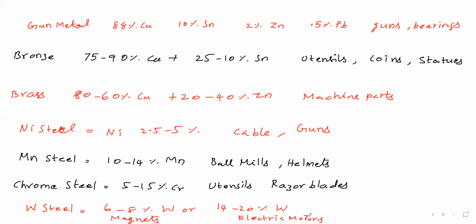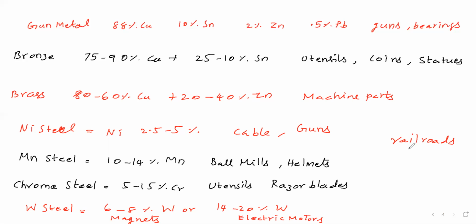Then we will take railroads. Railroads contain manganese steel. This manganese steel will have higher hardness, and it removes oxygen and sulfur present in the steel.